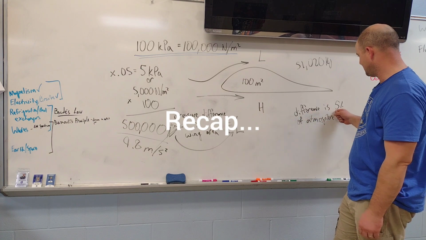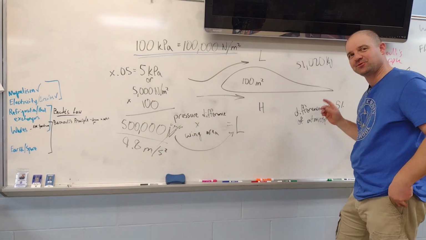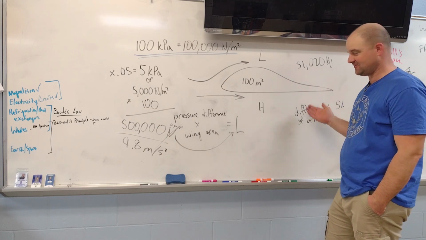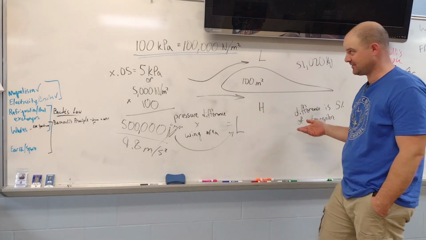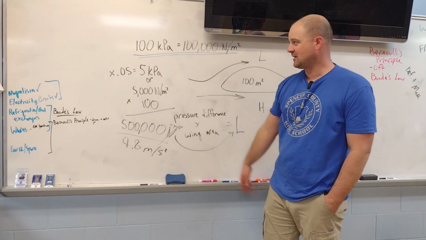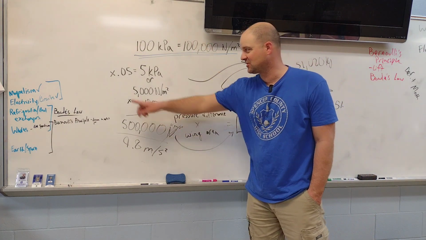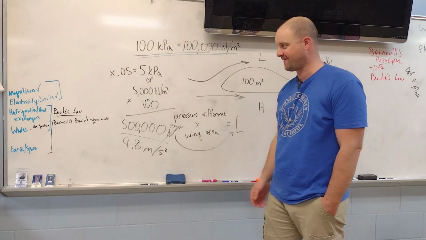The difference between the low and the high pressure is 5% of the atmospheric pressure. Atmospheric pressure is 100 kilopascals. So to get 5% of 100 kilopascals, we just multiply it by 0.05.